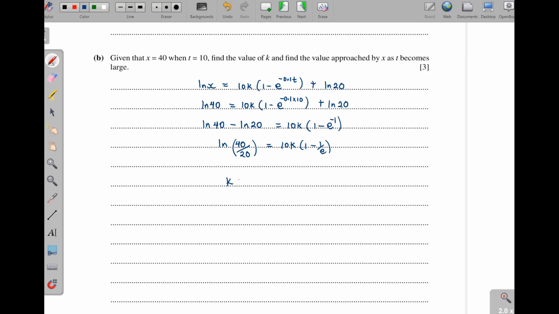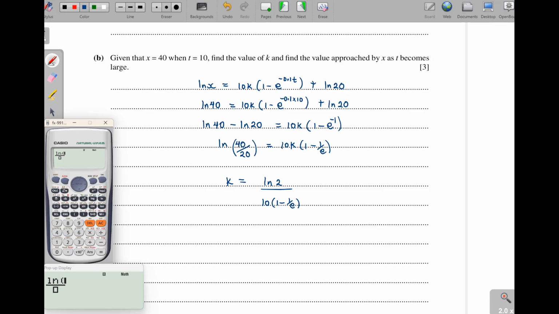So what will be k? Here we shall get natural log of 2, then we divide by 10, then 1 minus 1 over e. That will be the value of k. And then I can write it maybe to 3 significant figures. Natural log of 2, then we divide by 10 into 1 minus e to the power of negative 1, like that.